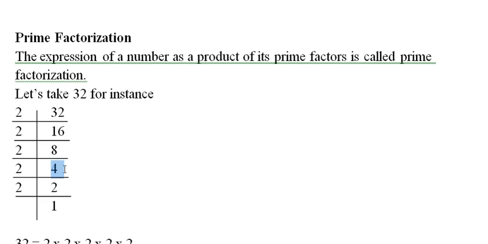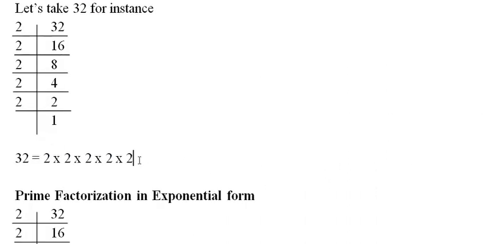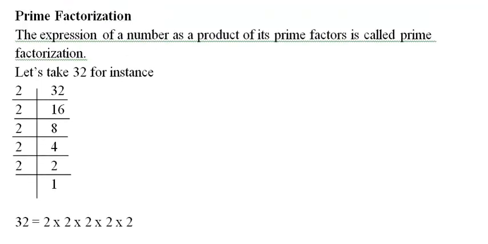Now 2 fours are 8, and again 2 twos are 4, and 2 ones are 2. But we will not show 1 here in prime factorization. We will not show 1 because we already know that 1 is not a prime number. So we will just show it like this, and this is known as prime factorization.